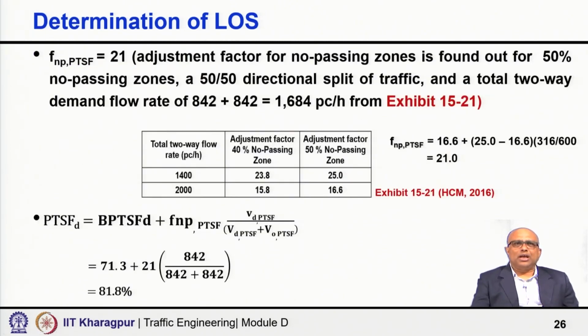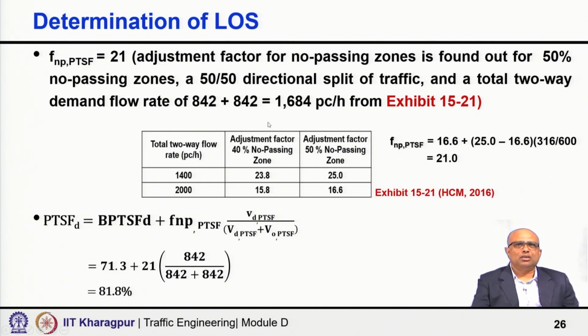Once you have calculated that, this is the equation we finally have to refer to. Here we have calculated this part as 71.3, and we need to calculate this correction factor FNP PTSF. What is the FNP PTSF? This is taken as 21.